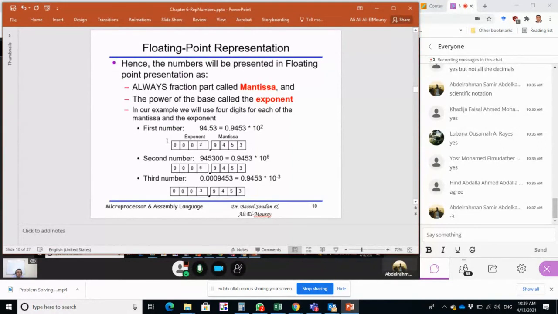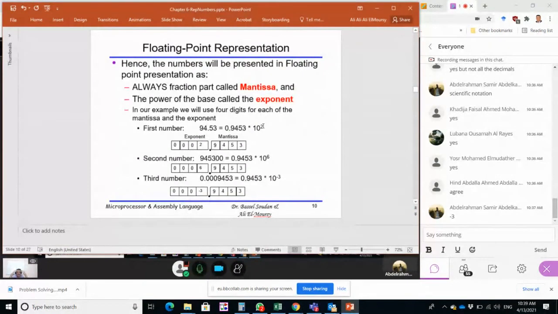And the four other storage will be used to store the powers of the 10. ال 10 مش هتظهر خالص عندي. اوكي؟ ال 10 انا مش محتاجها لان I know that I'm storing a decimal number. And what I really want to store is the powers of the 10 to know the value of the number.